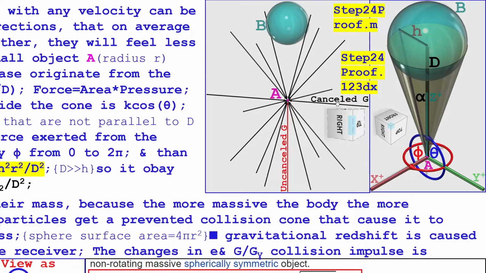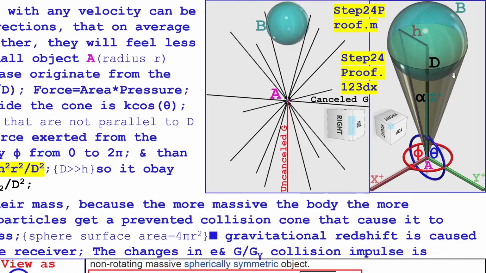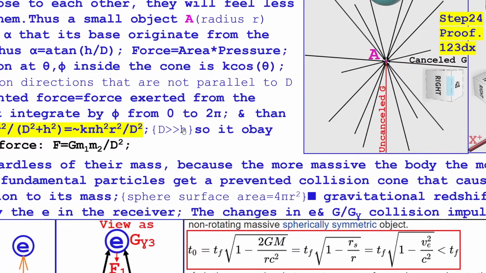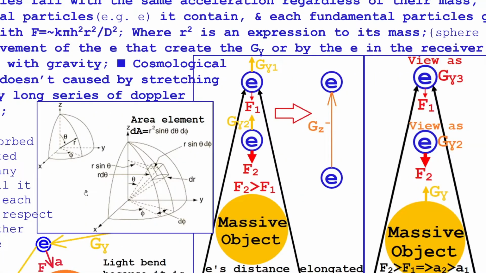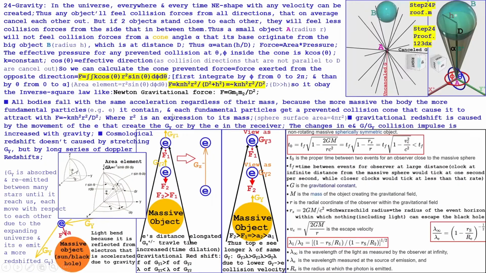But if two objects stand close to each other, they will feel less collision forces from the side that is in between them, because each acts like a barrier that prevents collisions from far created non-existent shapes. Thus, the amount of these prevented collision forces that go in the direction of these two objects is equal to the exerted gravitational force from the other side that each object feels.